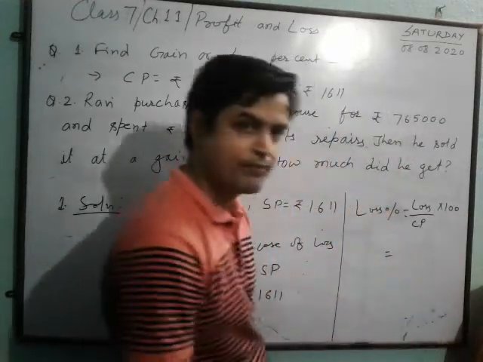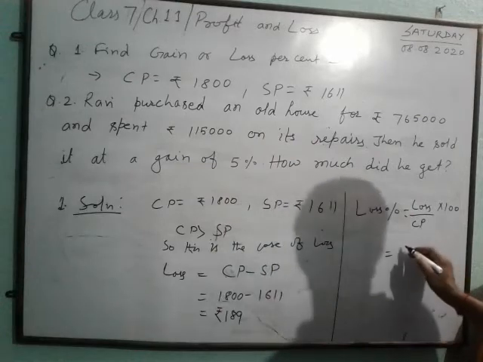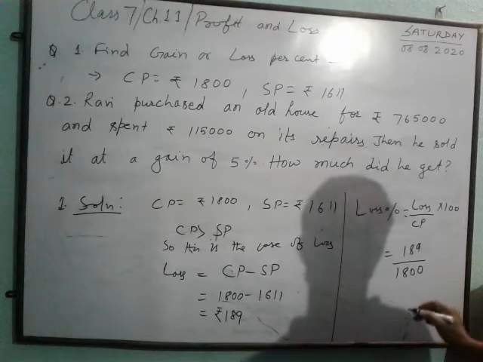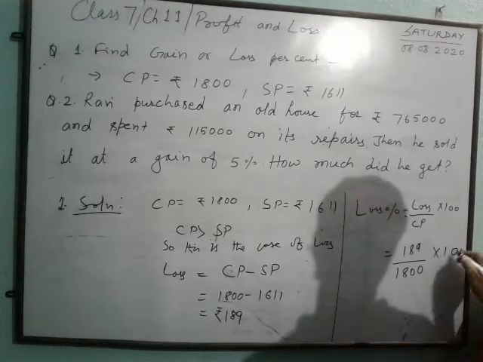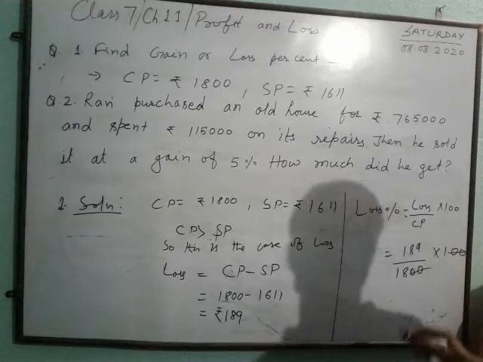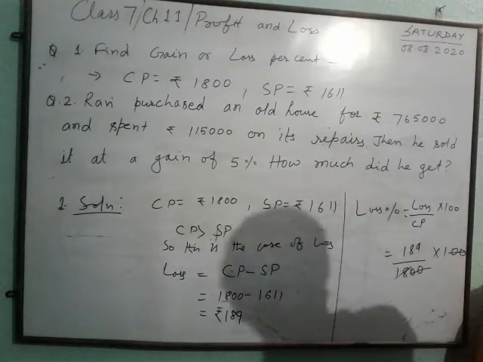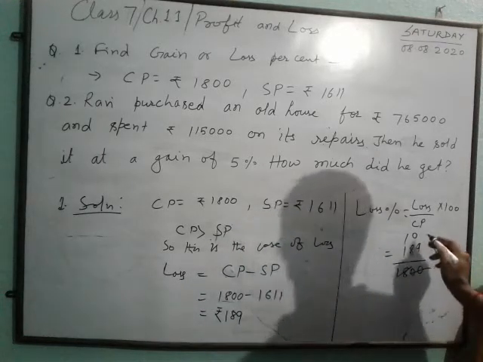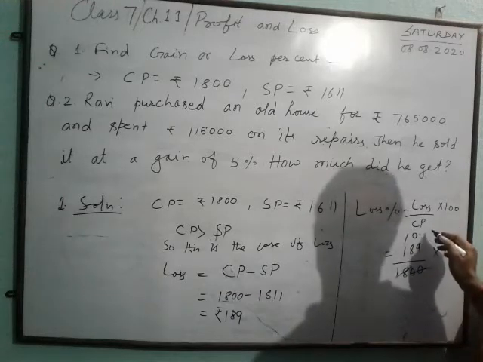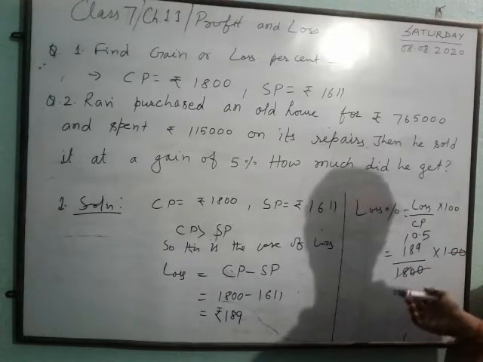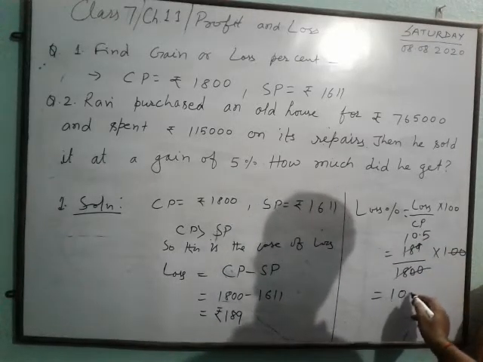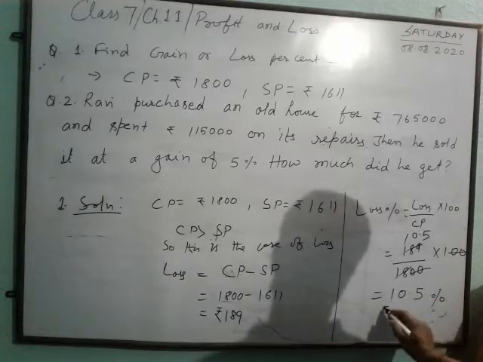Here loss is 189 and CP is 1800 multiplied by 100. 00 cancel. 18, here it is 189. 18 tens are 180 and the 9 is remaining, and 0.5 times 18, 18 into half equals 9. So I just inserted here 10.5%.